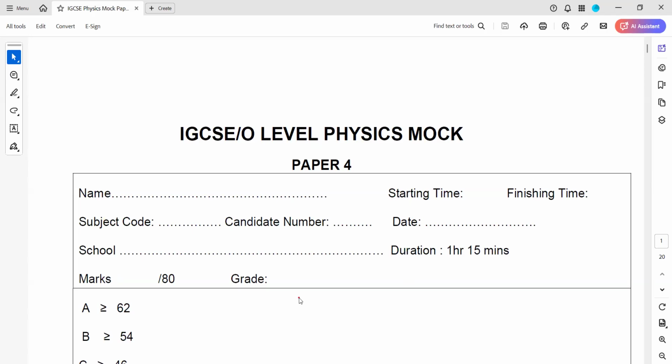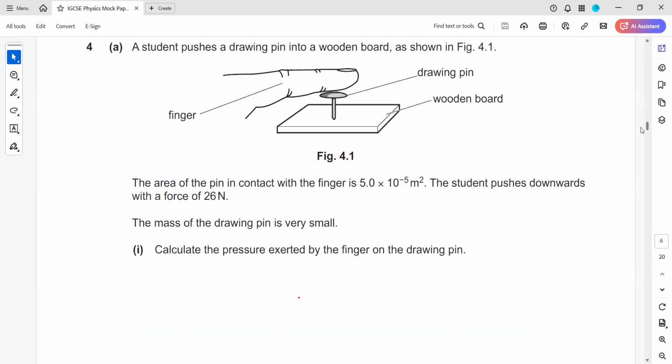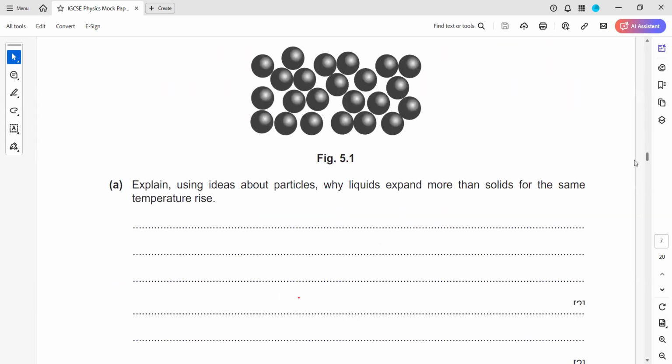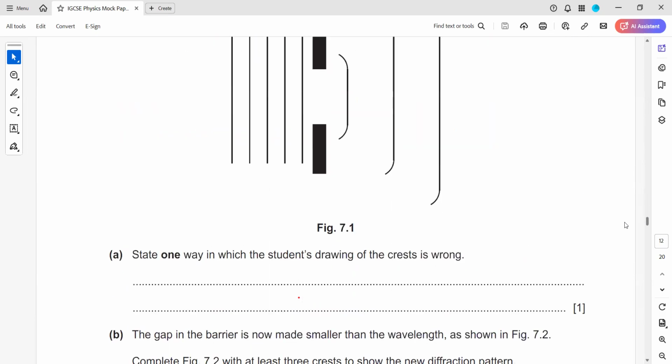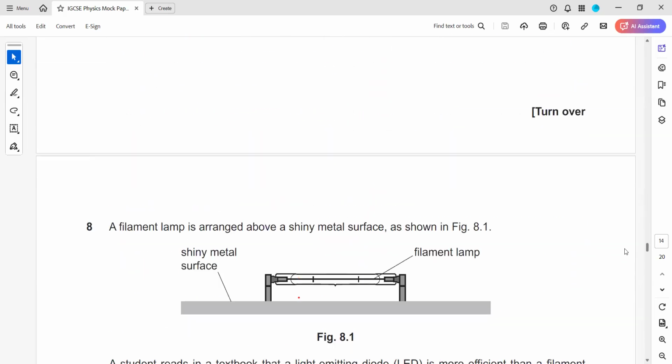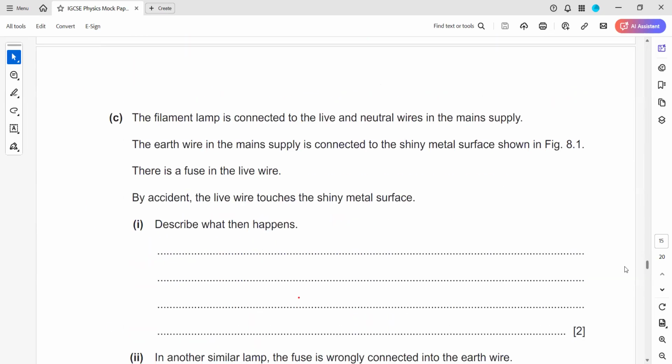The last two questions were left. That's why we will complete the last two questions and then we move on to the set two. I have discussed the power, the pressure, the motion of the particles, specific heat, formation of image, and the diffraction, as well as the efficiency.